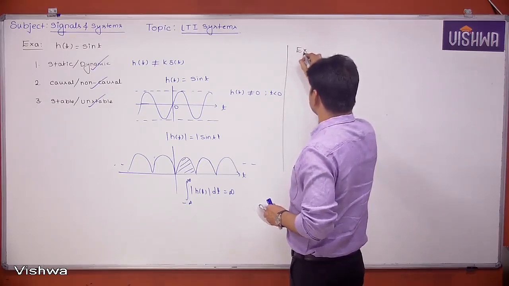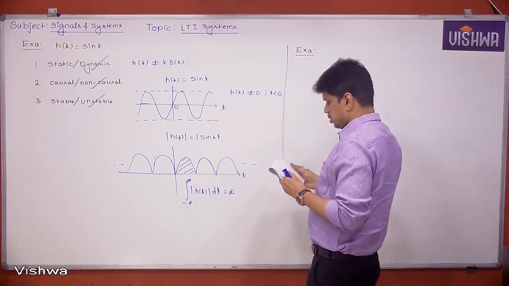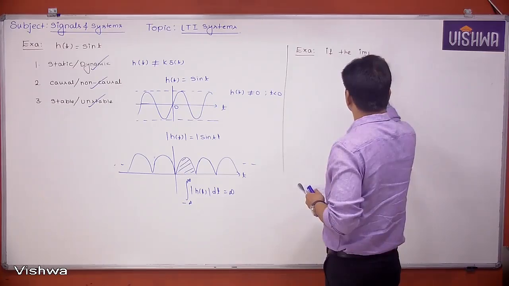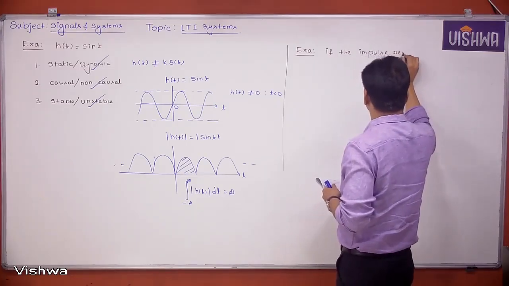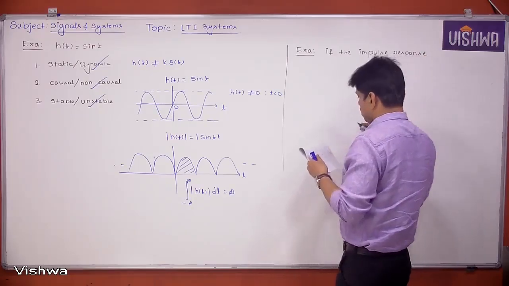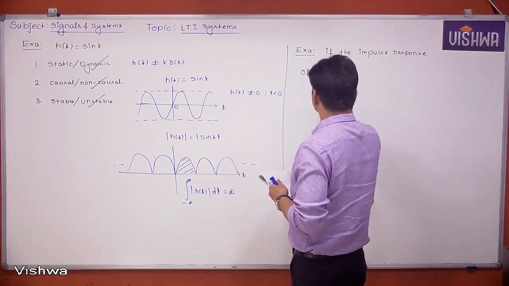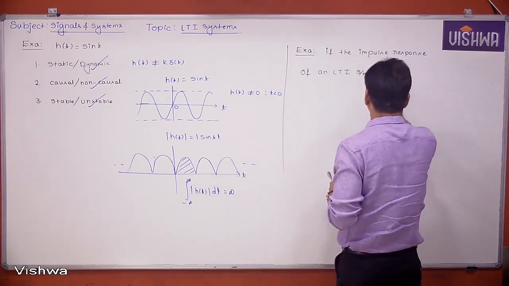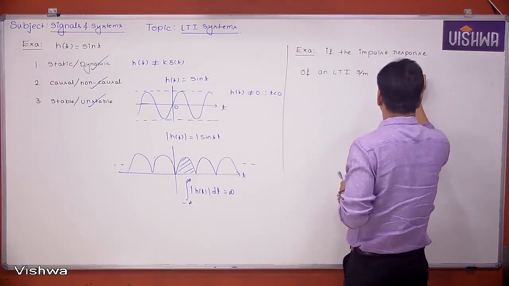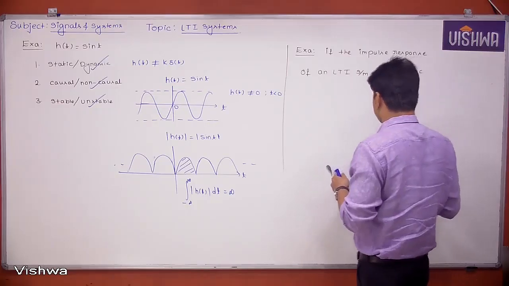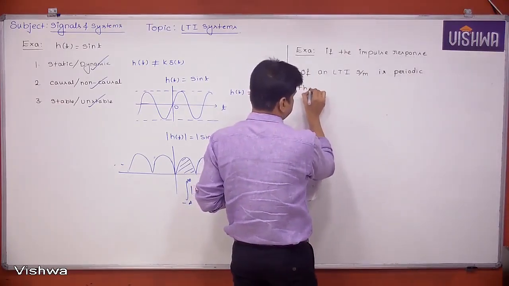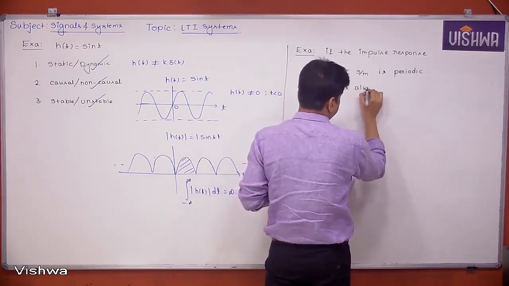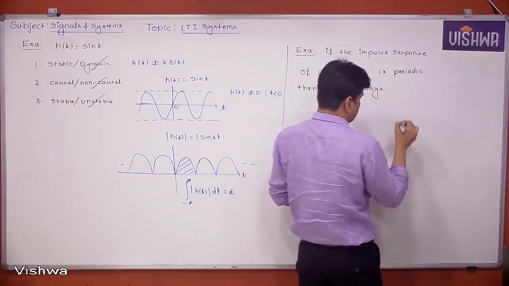Example, true or false question. If the impulse response of an LTI system is periodic, then it is always non-causal and unstable.